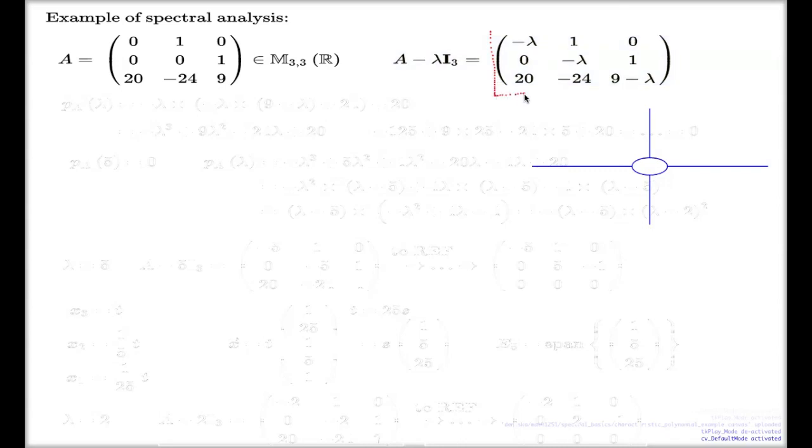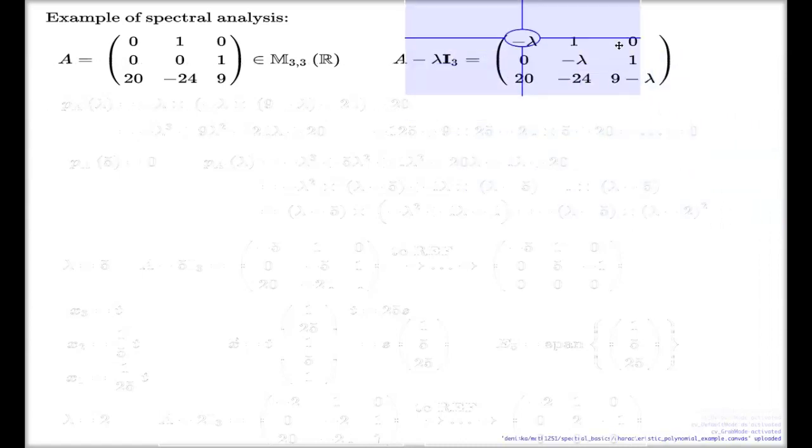When we compute the determinant, there are a few methods you can follow. I'm going to use the decomposition by row or column. It's a standard trick, right? We choose an element like negative lambda, cross out everything under the element and to the right and to the left of the element, and that will be my minor.